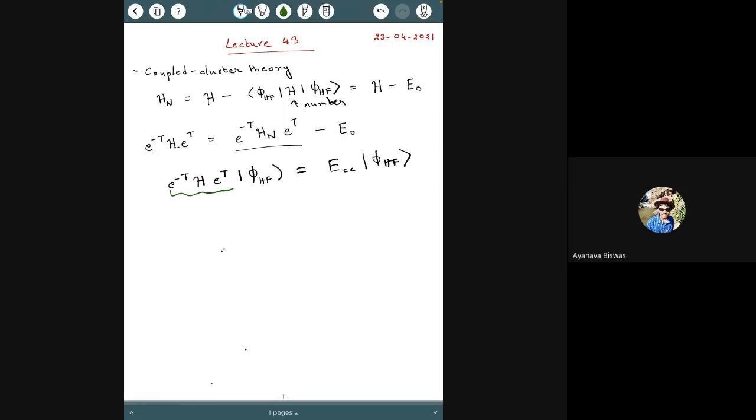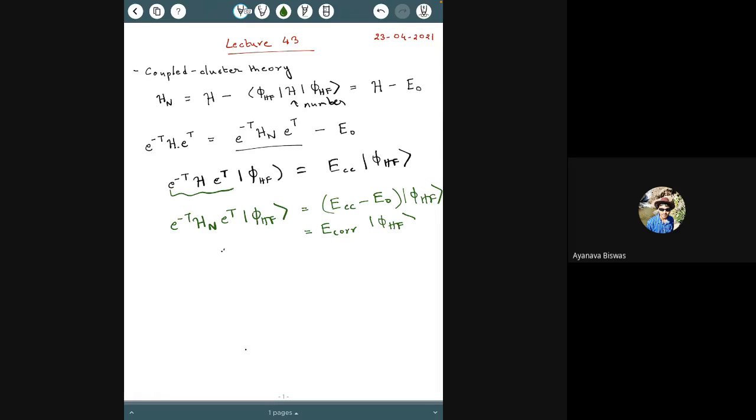So I will end up with e to the power minus T Hn e to the power T on Hartree-Fock, and I can write this as the correlation energy, E0 being the Hartree-Fock energy.